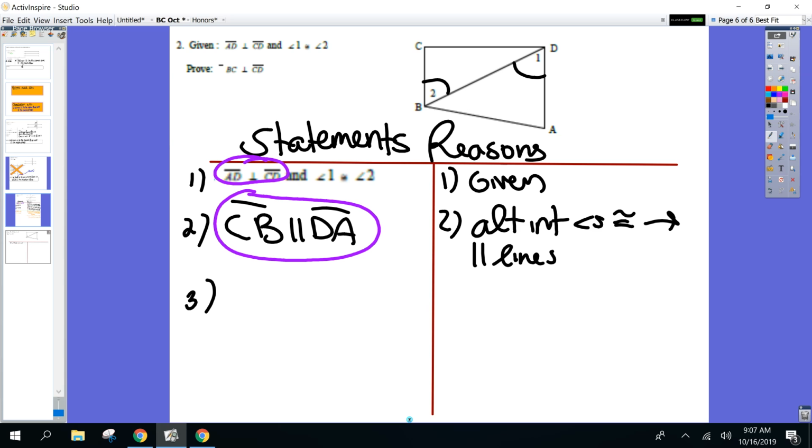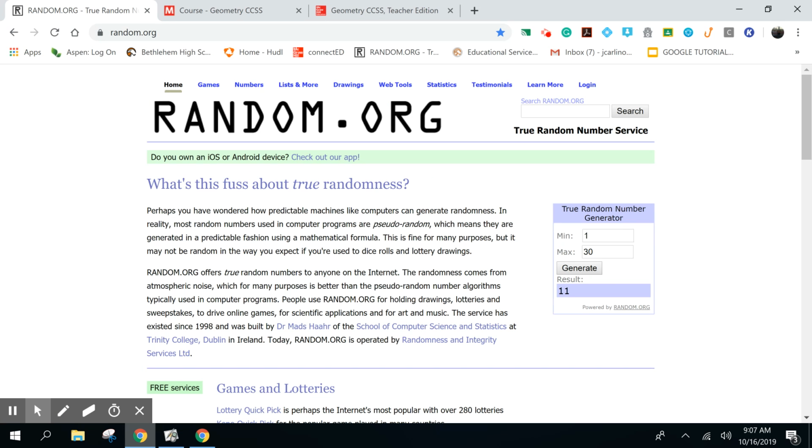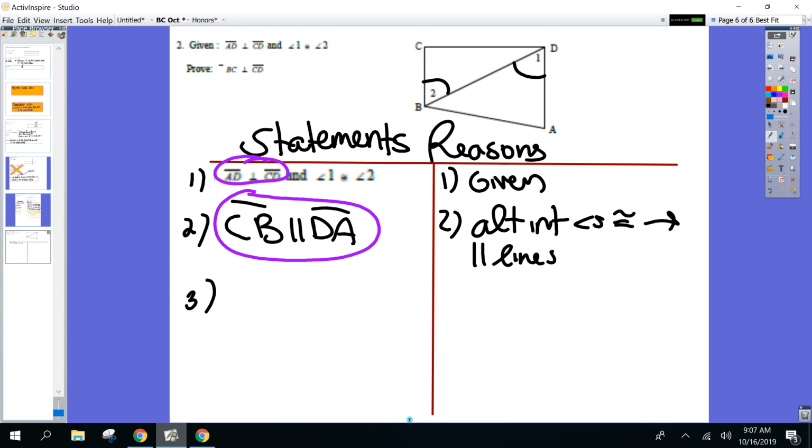One perpendicular, two parallel. What is my conclusion for this one? Go ahead. Okay, ready?